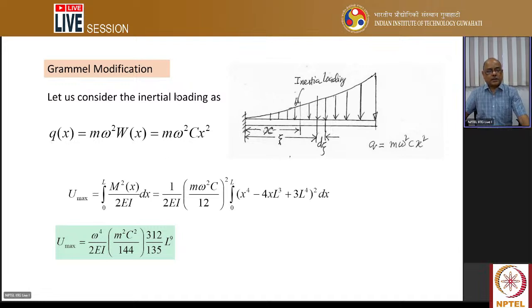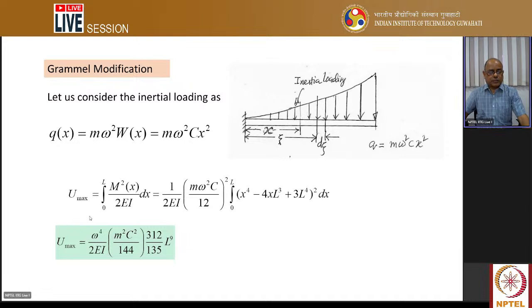So here, Grammar proposed that inertial load can be assumed to act on this cantilever beam, and due to this inertial loading, the bending moment at any section can be calculated.